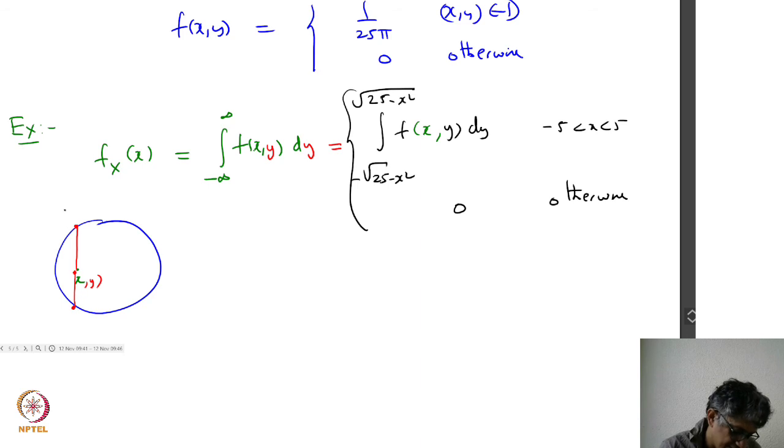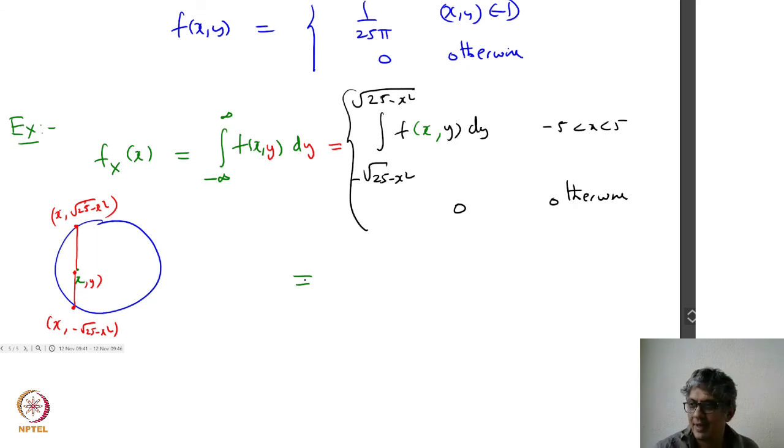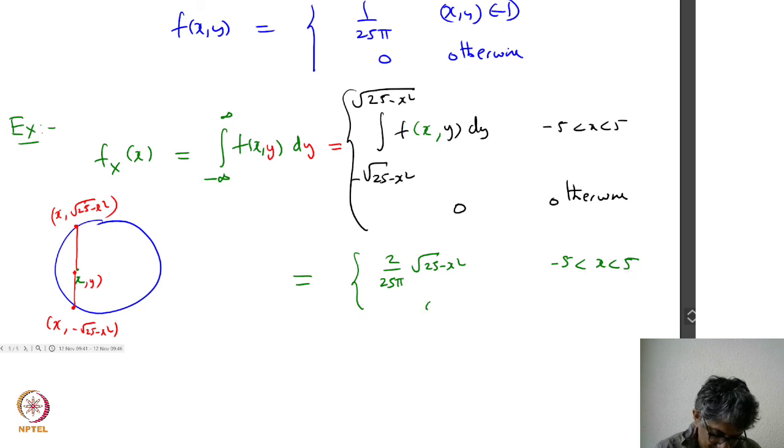The largest value y can take is (x, square root of 25 minus x squared), and the lowest value is (x, minus square root of 25 minus x squared). If you work out the calculus as an exercise, you will get 2 over 25 pi times the square root of 25 minus x squared, for x between minus 5 and 5, and 0 otherwise.